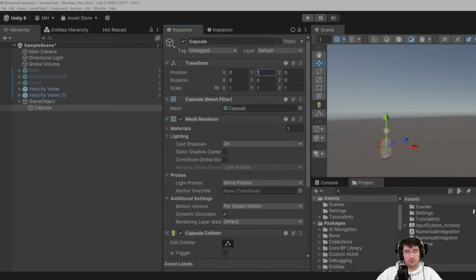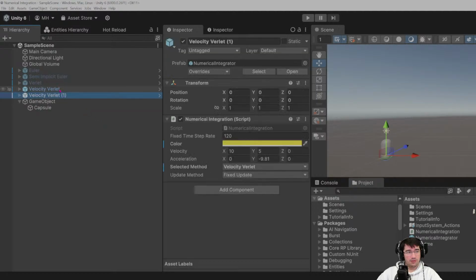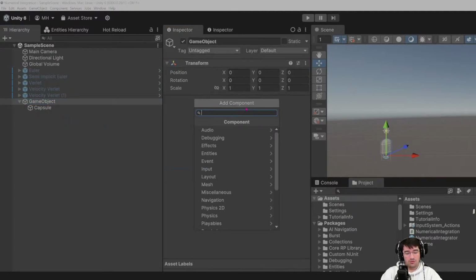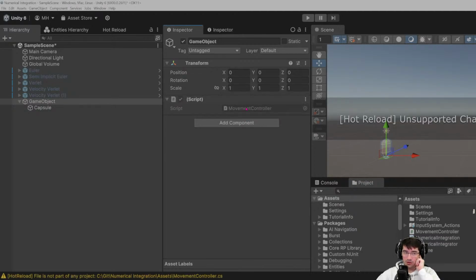Disable those. And add a new character controller. No, it's already taken. So movement controller. Okay, simple basic script, a new one.